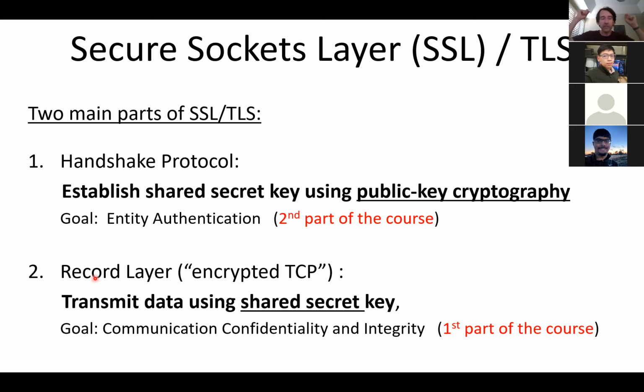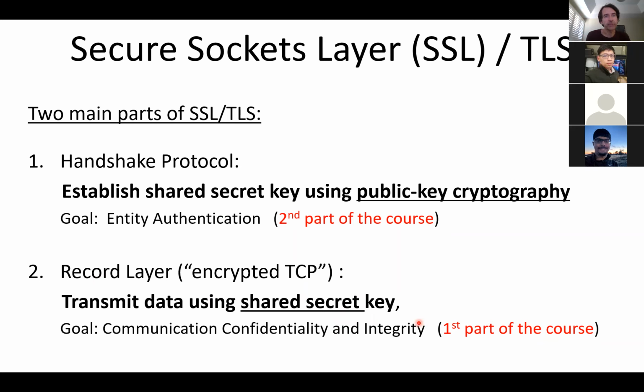So now imagine that the key is already pre-shared. Then the second question is how to use it to encrypt and authenticate the HTTP messages that are sent over this connection. And that is what we'll actually do in the first part of the class.